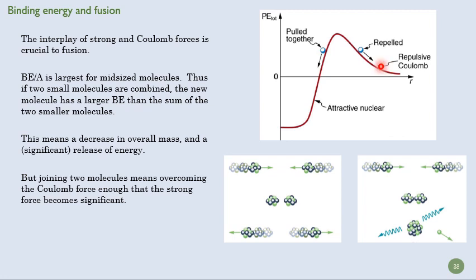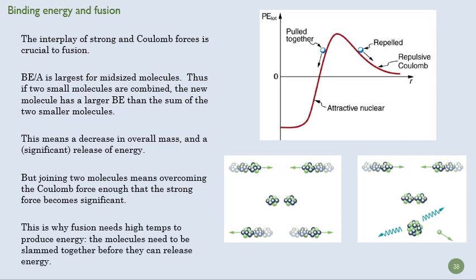They have to overcome that Coulomb repulsion in order to be pulled together again. If that works, if they get pulled together, then they're going to have a large amount of binding energy, and it's going to release a ton of energy, and it's going to power all of our earthly desires without creating a lot of pollution. So if we could just get fusion to work, it would just be dandy.